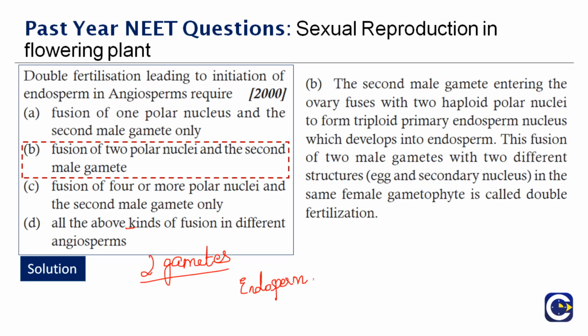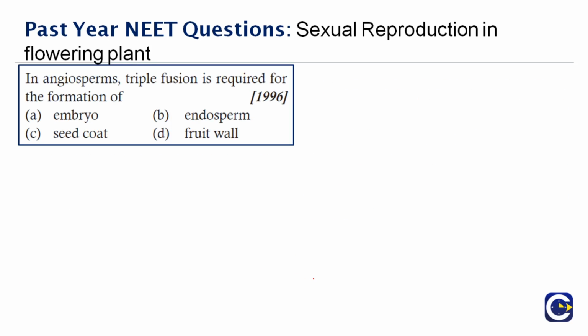Now let's move to the next question. In angiosperms, triple fusion is required for the formation of ____. Angiosperms are the ones which produce flowers. In angiosperms, one male gamete fuses with the egg, resulting in the formation of a diploid zygote.